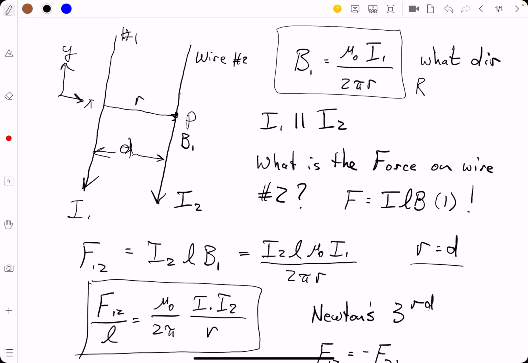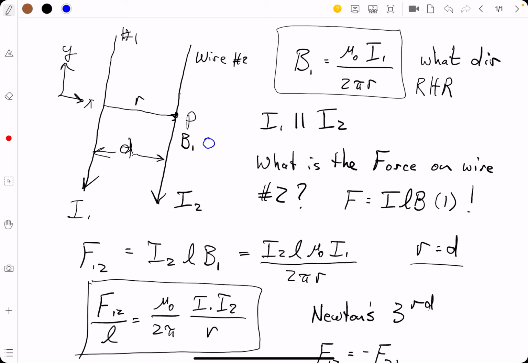Right-hand rule. Put your thumb along I1, curl your fingers around till you have them at P, and you'll notice that your fingers stick up out of the page.